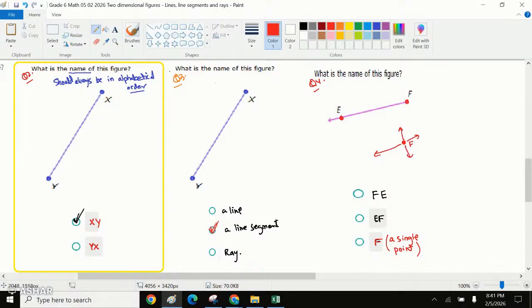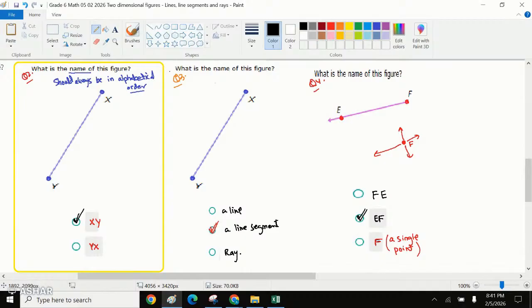A single point will never define a line. A single point cannot make a line segment. A single point cannot make the ray. It's like you're holding a torch, but the torch is not on, so you do not even have a ray of light. But when we need to give the name, we always use alphabetical, that is EF.